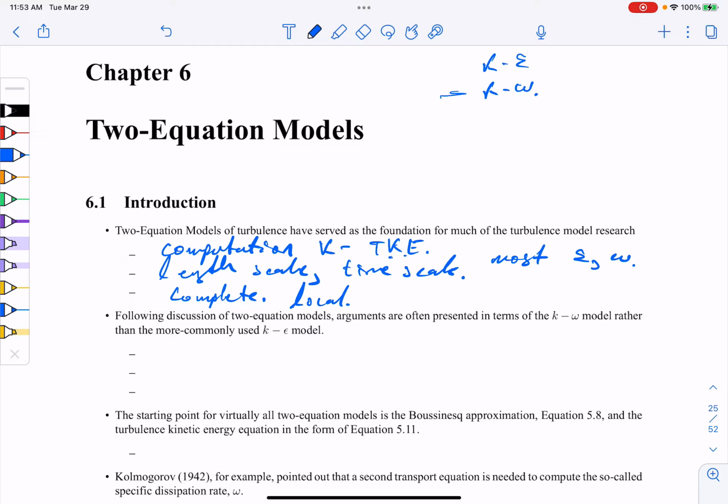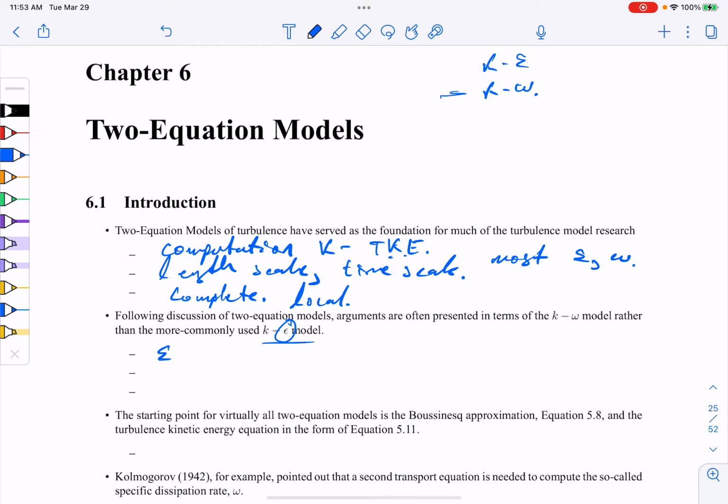So looking at different books on turbulence modeling, I collect them, a lot of them present K epsilon models first. And if you look back in our introductory material, we actually tried to describe in steps how to derive epsilon. So we already previously described how to derive epsilon, but omega was actually derived with dimensional analysis in the Soviet Union under Andrei Kolmogorov, and we'll look at that in a little bit.